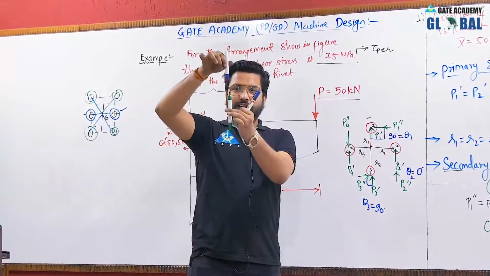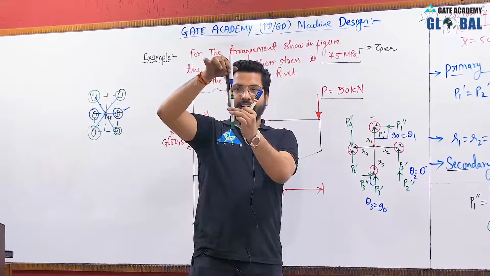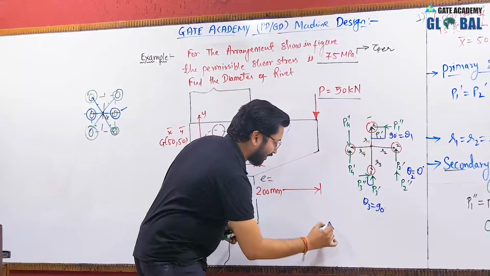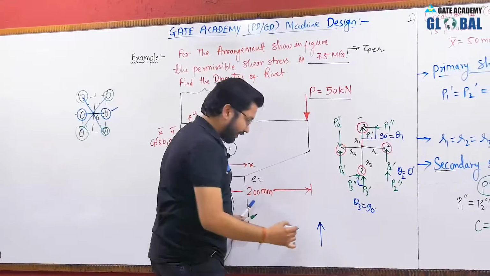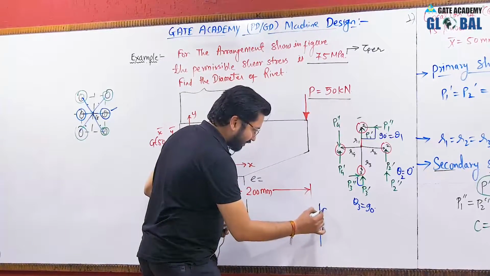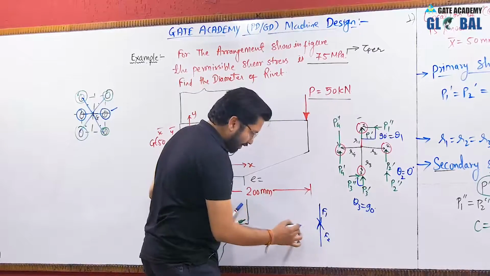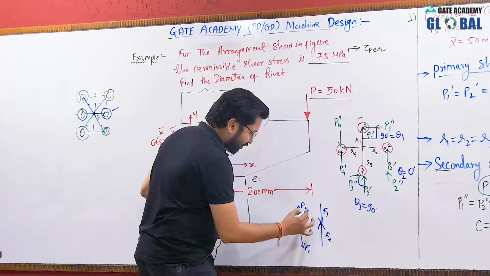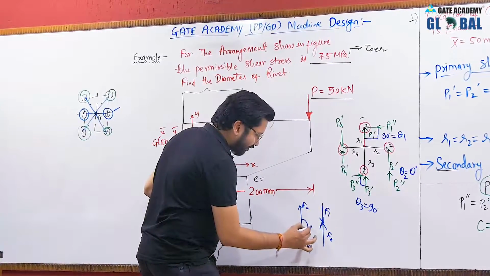If two forces are acting opposite to each other, then just draw a diagram like this. If you have any doubt, if this is a force and this is a force opposing it, just draw a point, okay. Let us say this is force F1 and this is force F2, so F1 acts through the same point and F2 acts through the same point. Now you can see that the angle is 180 degree.